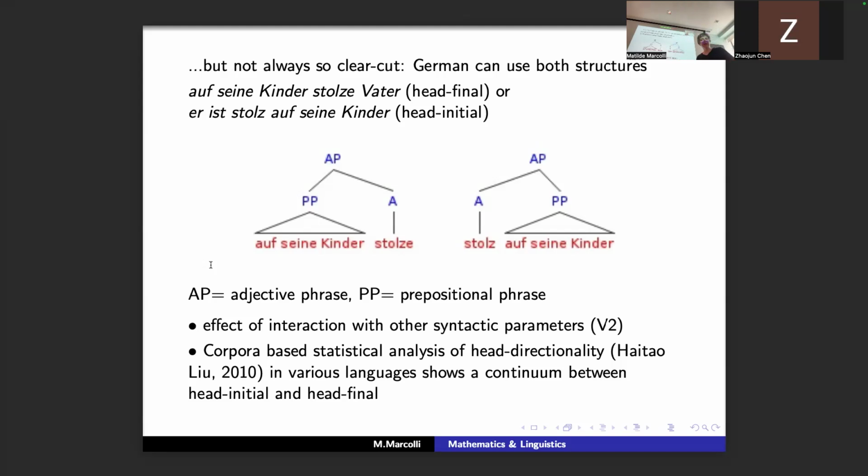It turns out that part of this mismatch of directionality is due to another parameter, the verb second parameter, that German has, and some other Indo-European languages like English don't have, and that blocks certain structures in a way that they look head final instead of head initial.